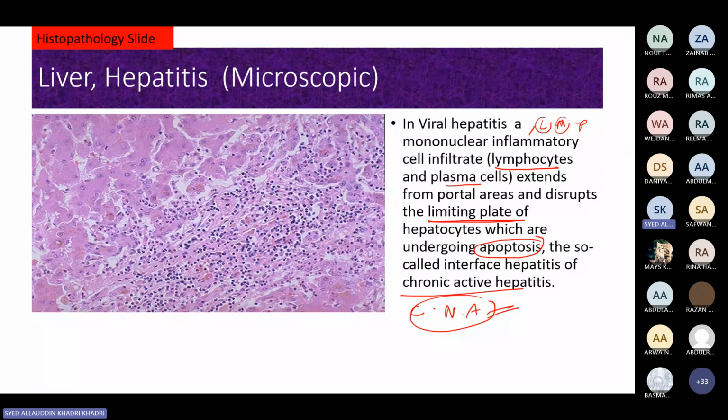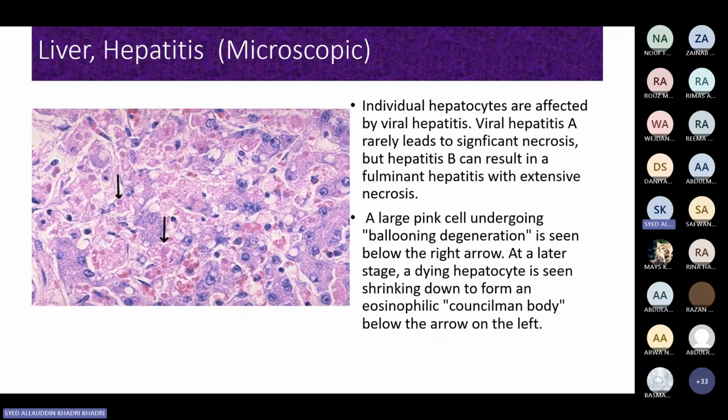This is not normal in a hepatocyte. These hepatocytes over here look normal, but in between, these cells are going, and I'll try to show you in my supplement how it breaks the limiting plate and how it causes interface hepatitis. All these terms should be understood very well. Then we come to the microscopic level.